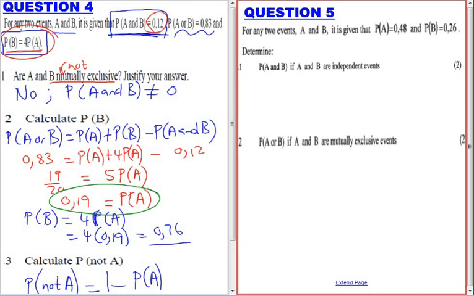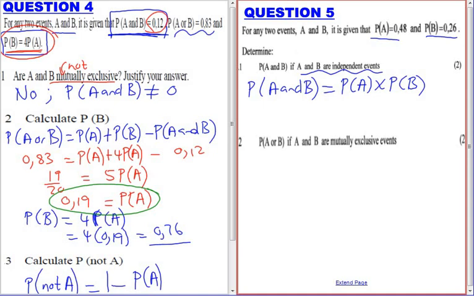Right, so here we have question 5, and well done if you tried it on your own yet again. So here we have probability of A, you have probability of B, and you want to determine the probability of A and B if A and B are independent events. The moment they tell you that they are independent events, you must remember that this formula applies. This becomes very true the moment they are independent.